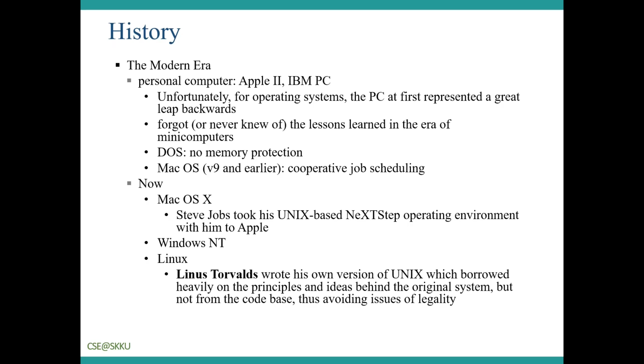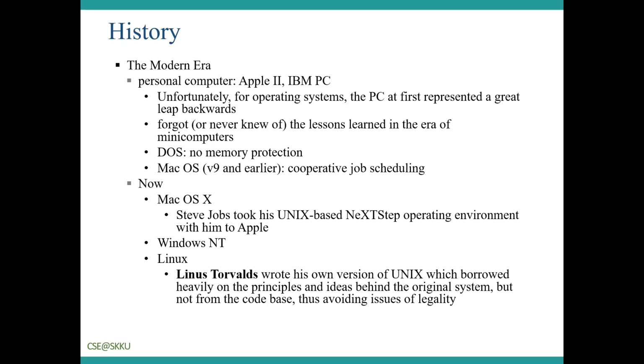And the earlier versions of the Mac operating system, like version 9 and before, used cooperative scheduling, which basically meant that if one program gets stuck in an infinite loop, it could hog the whole CPU and freeze the system, forcing you to reboot.